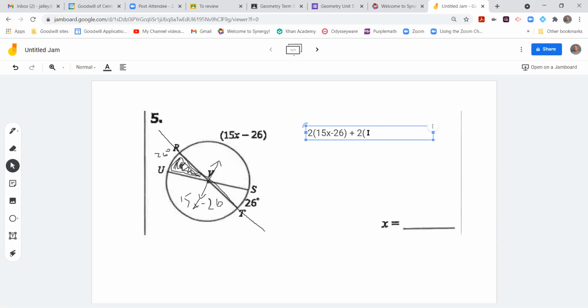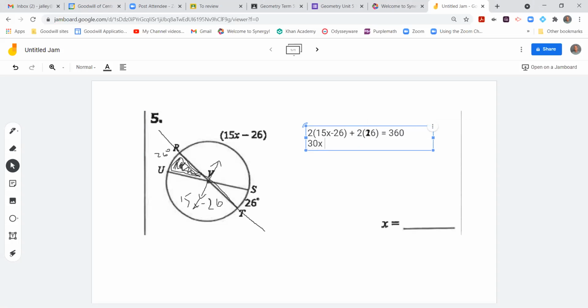Okay. You went ahead and did the multiplication. I'm going to show it broken down as 2 times 26. So your 52 number is correct. And all that's got to equal 360. That covers every angle that is shown inside that circle.